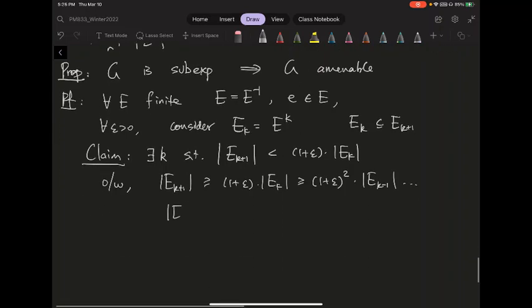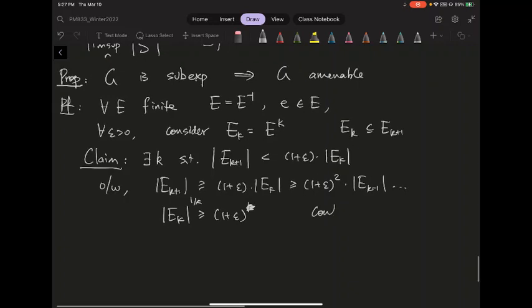So you will have that E_k is greater than or equal to (1 plus epsilon) to the power k times the first one. But when you raise it to the power 1 over k, that's going to be greater than or equal to 1 plus epsilon. So the lim sup is not going to be equal to 1. That's a contradiction to the lim sup. So essentially now I find an E_{k+1} that's close enough to E_k. So there exists an E_{k+1} that's less than 1 plus epsilon times E_k.